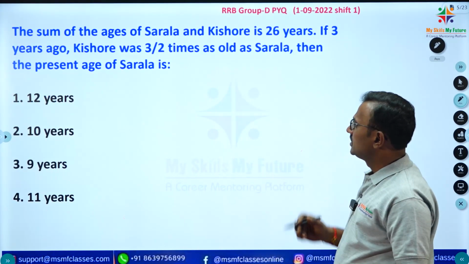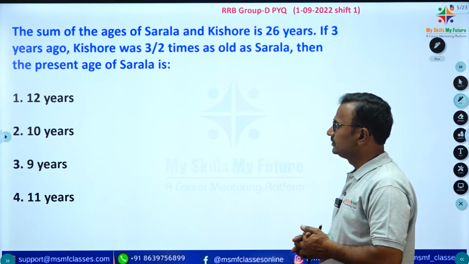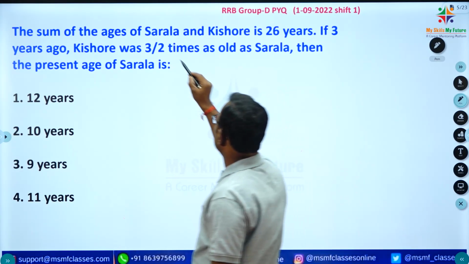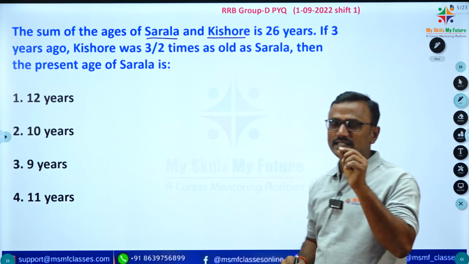See the question here. This question is based on ages. The sum of ages of Sarala and Kishore is 26 years.